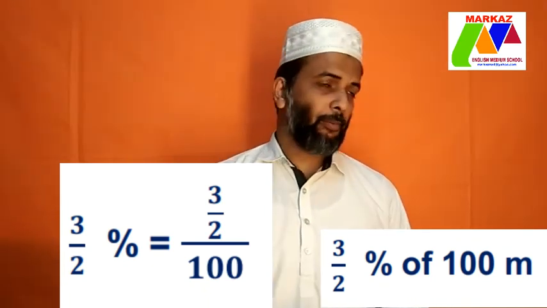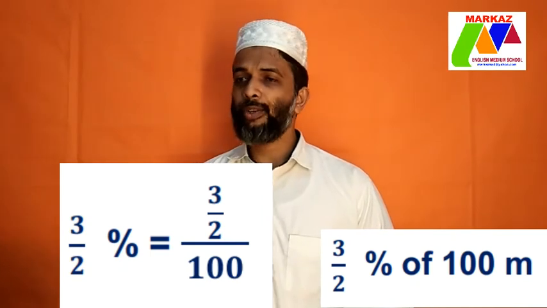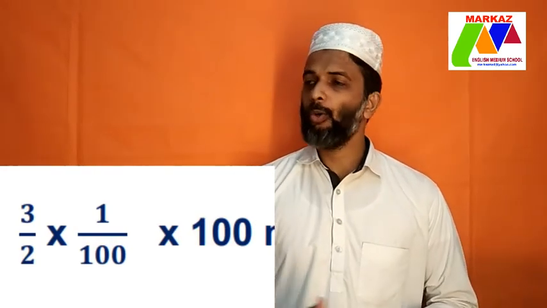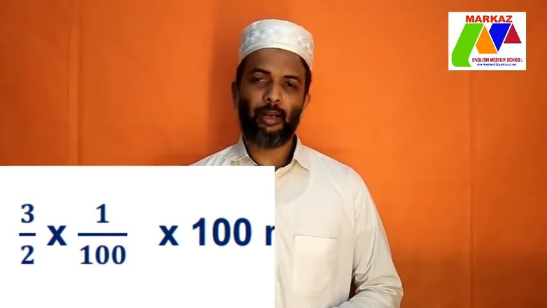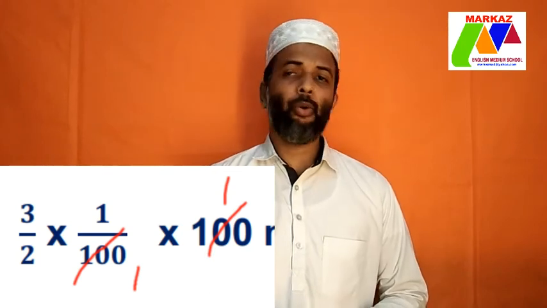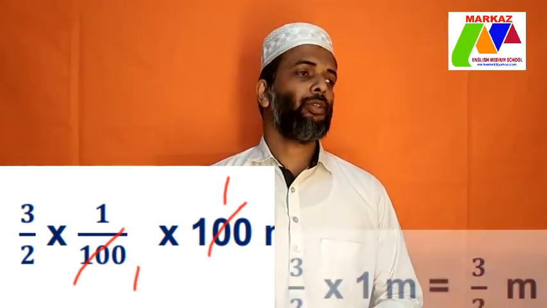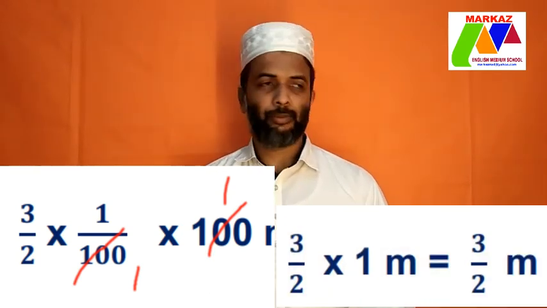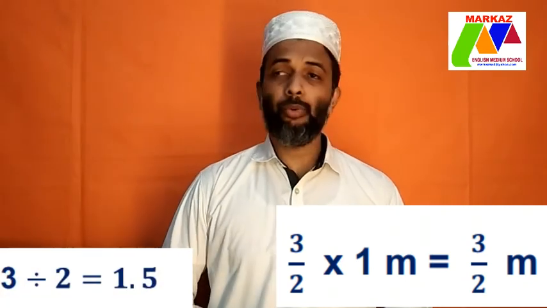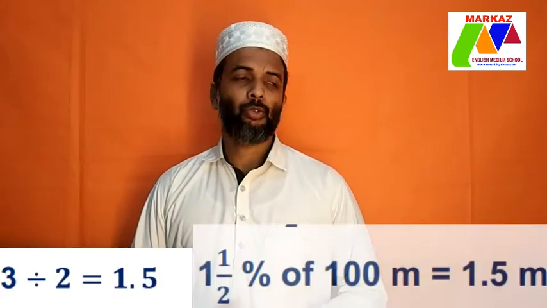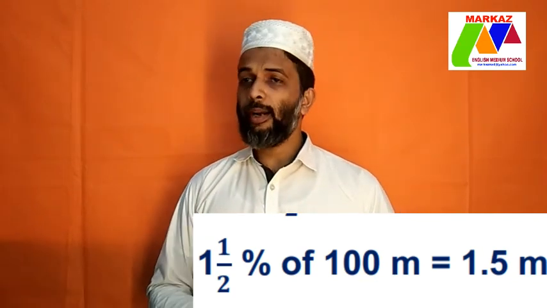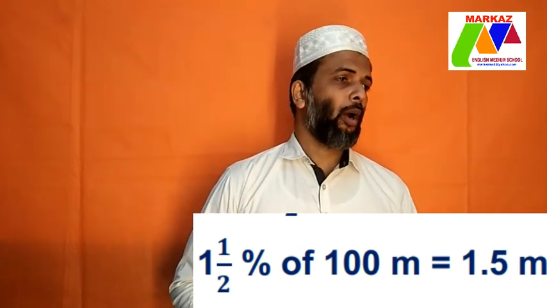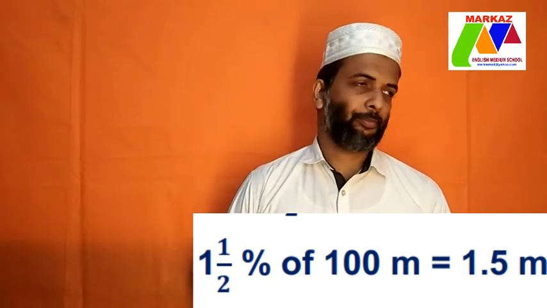As per reciprocal, we can divide this fraction like this. 3 by 2 into 1 by 100 into 100 meter. You can simplify the number with 100. 3 by 2 into 1 meter is equal to 3 by 2 meter. 3 divided by 2, 1.5. So our answer: 1 by 2% of 100 meter is equal to 1.5 meter.